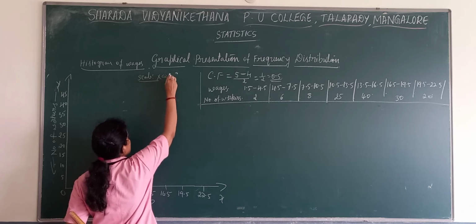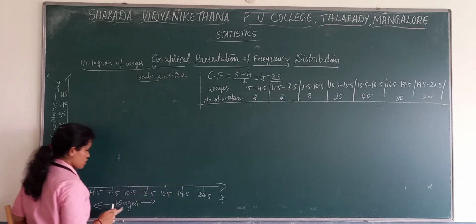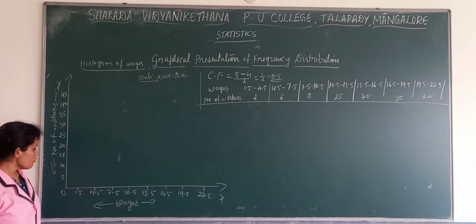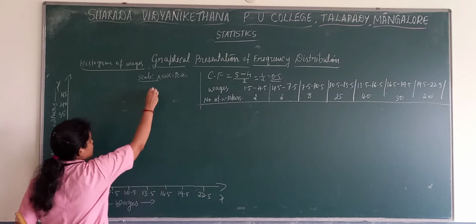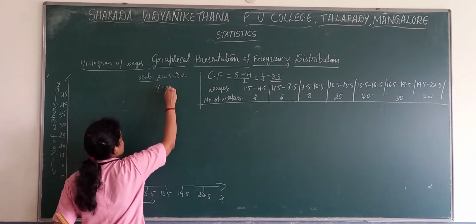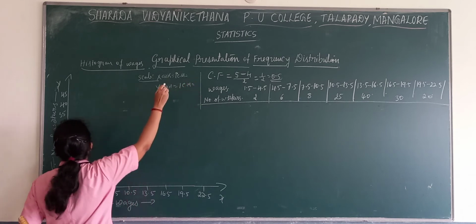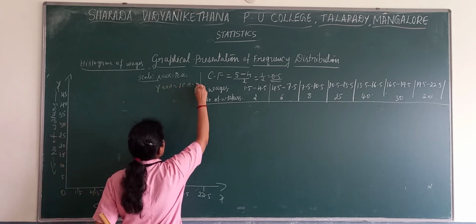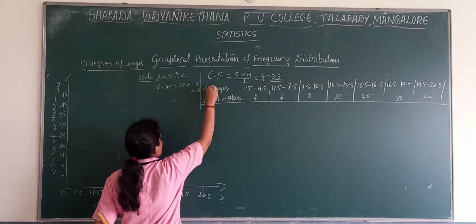X-axis: 1 centimeter is equal to wages here. What gap we have taken, that we need to write. Then Y-axis: 1 centimeter is equal to 5 number of workers.